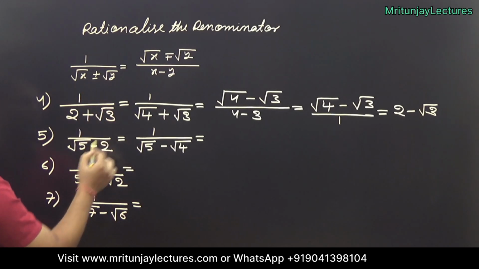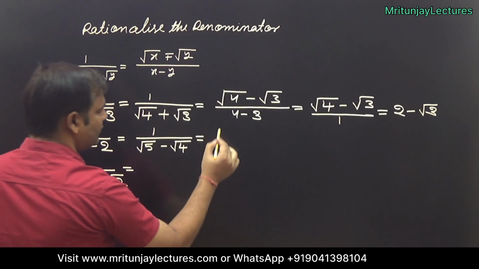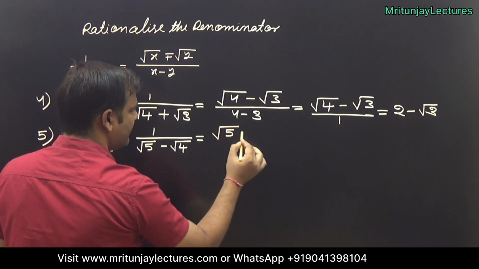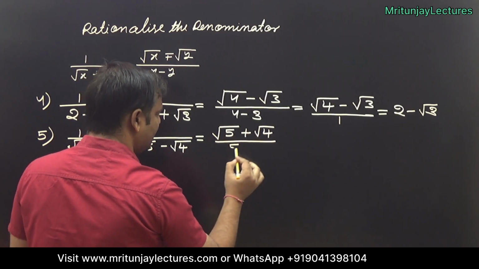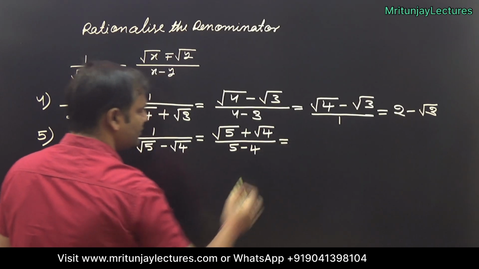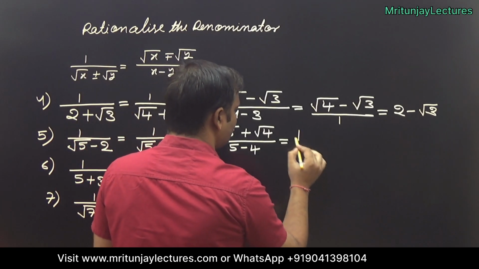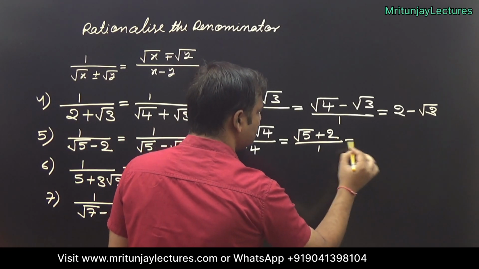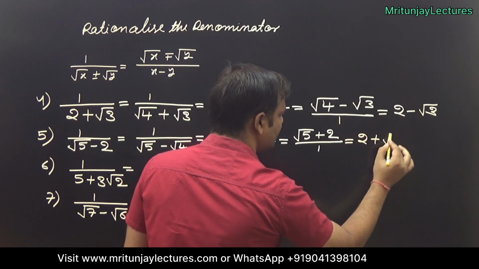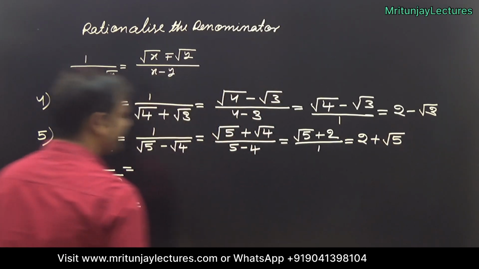Now, here minus, so root 5 plus root 4 divided by 5 minus 4. So root 5 plus 2 divided by 1. So you can say that 2 plus root 5 is the final answer.